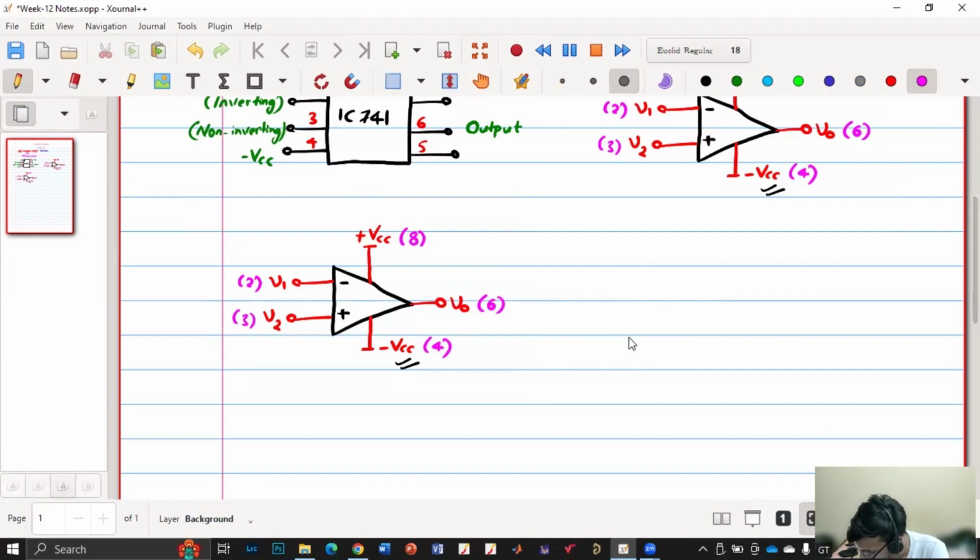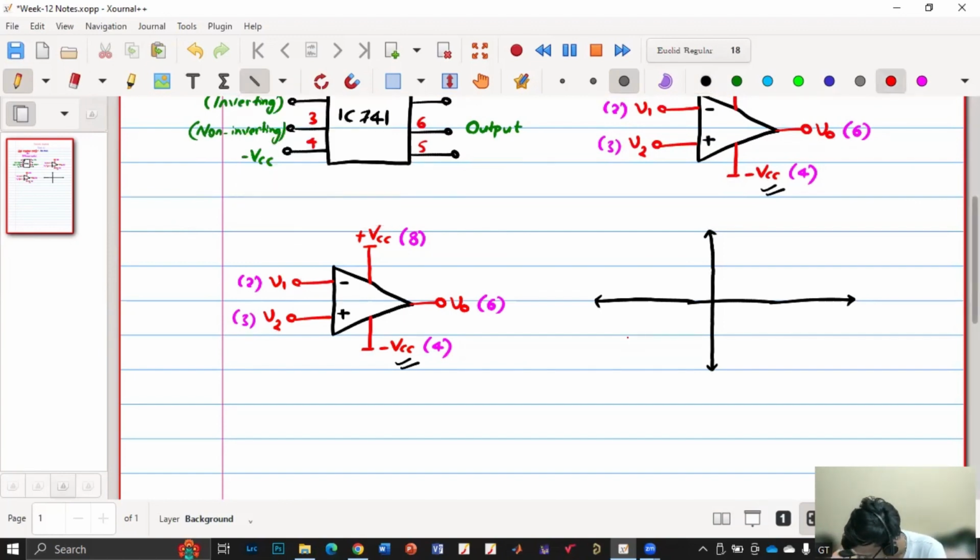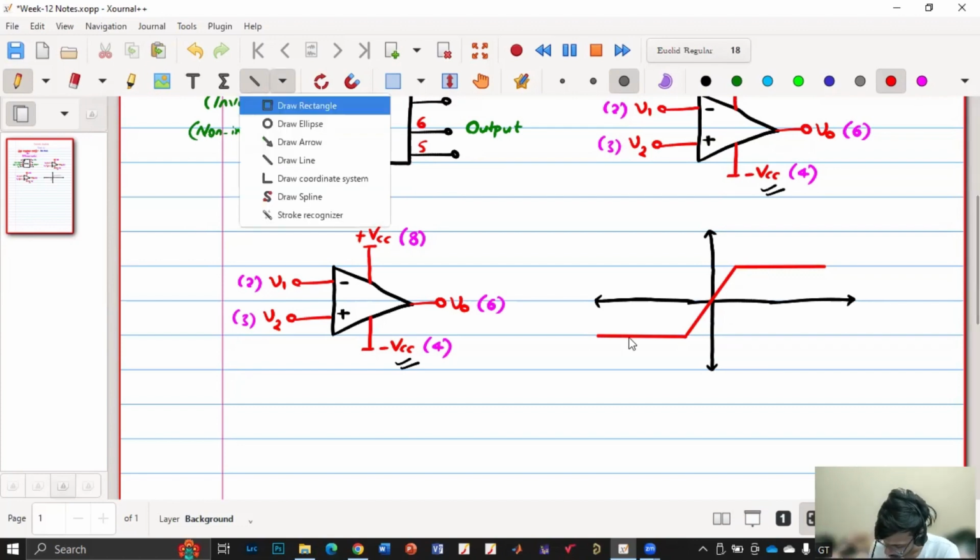If we draw the graph, it basically looks something like this.